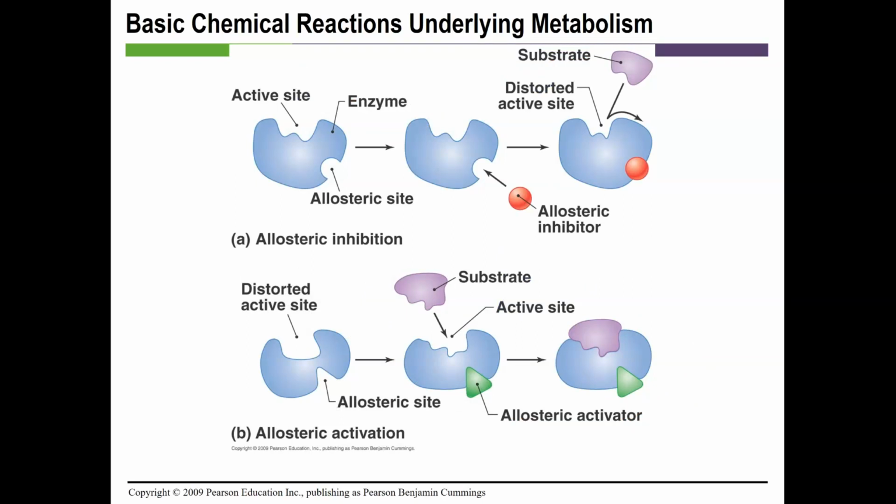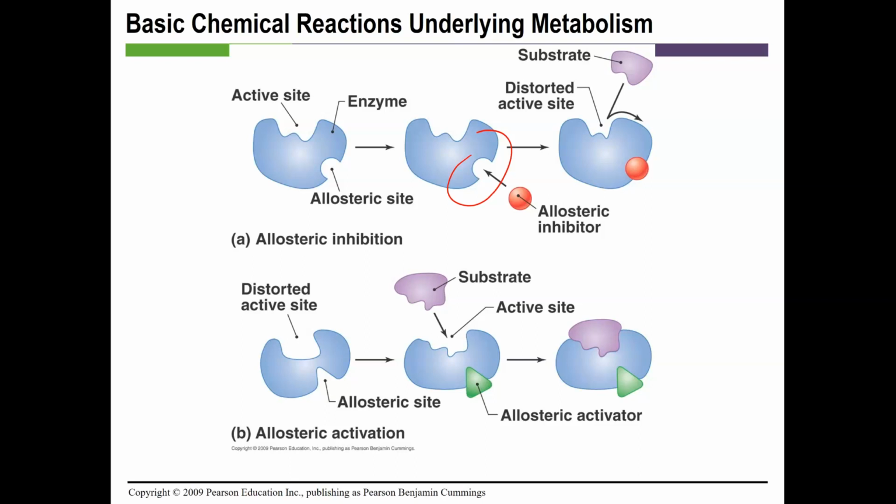This image depicts a non-competitive inhibition. A non-competitive inhibitor binds the enzyme in a spot other than the active site. This other site is designated an allosteric site. An allosteric inhibitor is another way to describe a non-competitive inhibitor.